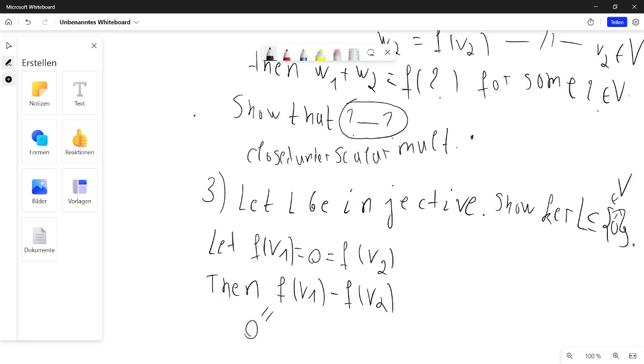Then we use linearity, and you should check that it really works by linearity.